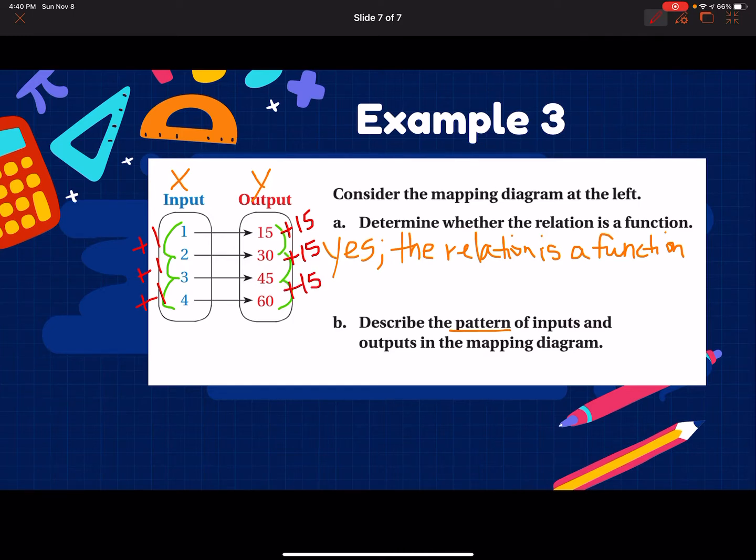So when it says describe the pattern of inputs and outputs in the mapping diagram, we can put this into one statement.